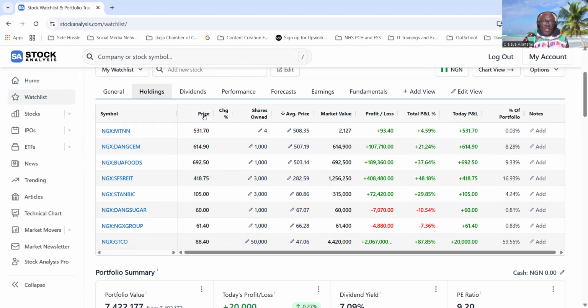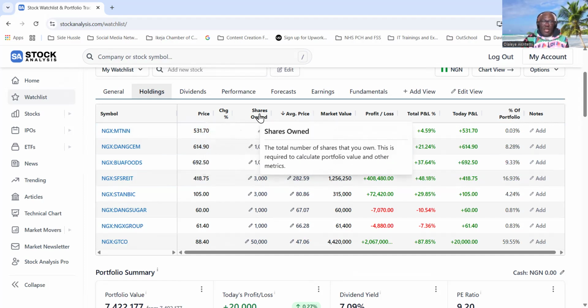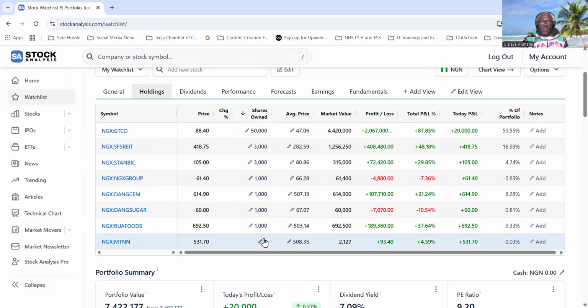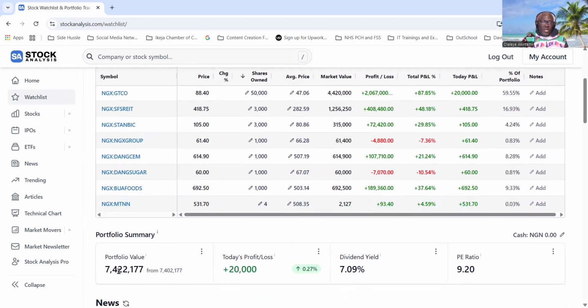Then let me list my shares by the ones that have the highest number of units. Jitco has the highest number of units. I've got 50,000 units of Jitco, 3,000 units of SFS REIT, 3,000 units of Stanbic, and the summary of my portfolio is 7,422 naira 177 kobo.